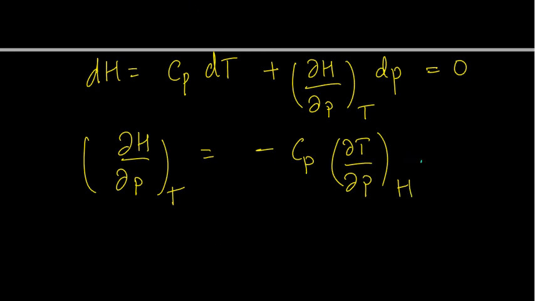This is what I said was the Joule-Thomson coefficient, not the isothermal one. If we don't have constant enthalpy, then we can't use this formula. And that's why they had to design an experiment where they had constant enthalpy.